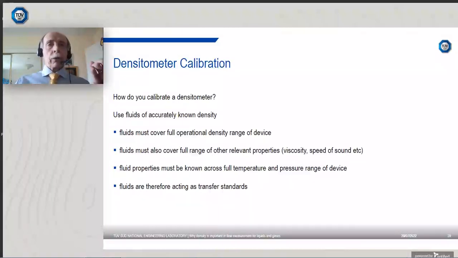They also need to cover the full range of other relevant properties, viscosity, speed of sound, etc. Oscillatory instruments are designed to be sensitive to a prime parameter, in this case density, but there will be second order influences like viscosity, viscous damping on the tube, etc. The fluid properties obviously need to be known across the full temperature and pressure range of the device because the fluids are acting as your transfer standard.